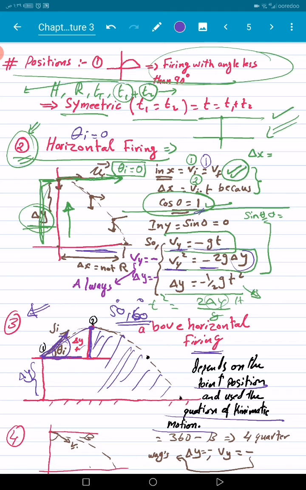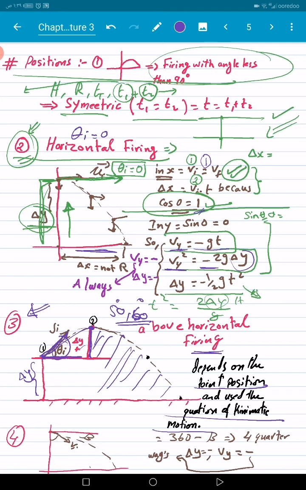In x you have 2 equations, in y 5 equations, but adding v initial here, that means v_i sine theta. Here I also added the equations in the completed sides.